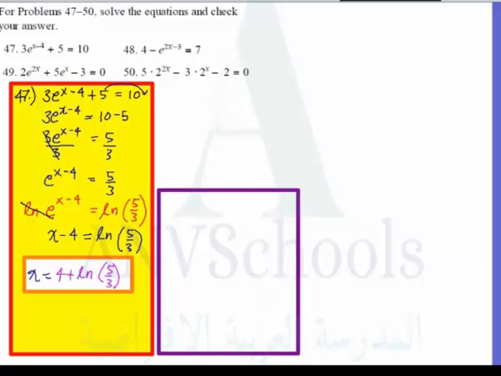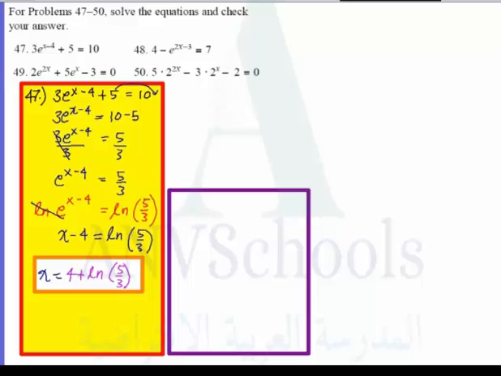Okay. So let us have the value of x, and that x will be substituted to the original equation, 3e^(x-4) plus 5 is equal to 10. So therefore, we have 3e raised to, our x is 4 plus ln 5 over 3.